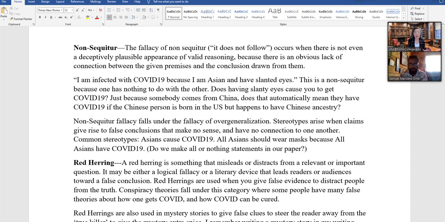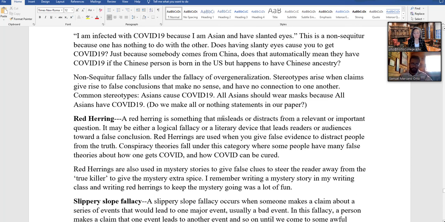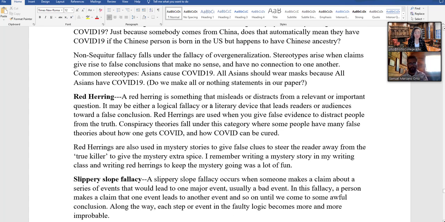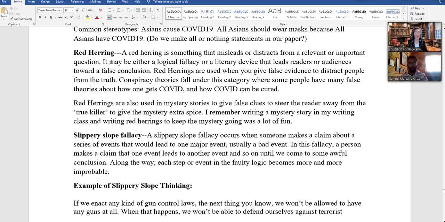This is a non sequitur because one has nothing to do with the other. Does having slanted eyes or dark hair mean you're always infected with COVID-19? No. The non sequitur fallacy is also known as the fallacy of overgeneralization, and that's where stereotypes arise, when claims give rise to false conclusions that make no sense and have no connection to one another.